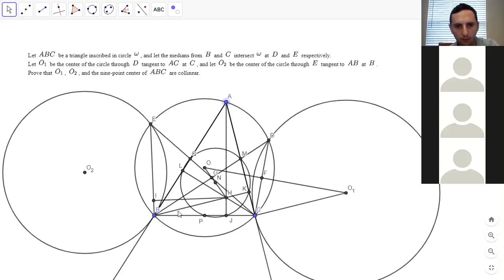So if O1H was perpendicular to BE, then we could reflect.